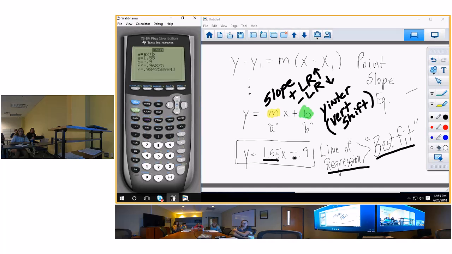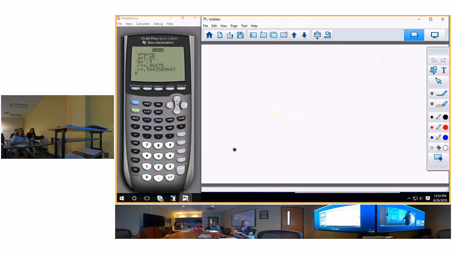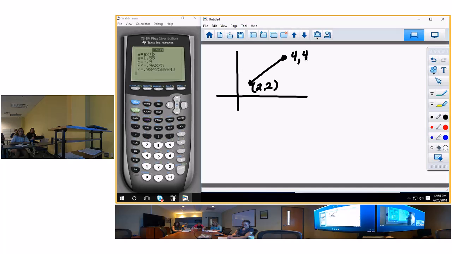What if you're given 2 points? How can you be given 2 points, Hubert? Well, you can be given 2 points like this. I give you 2 points, and I put the points here like 2, 2, and 4, 4. In other words, everything's given to you.